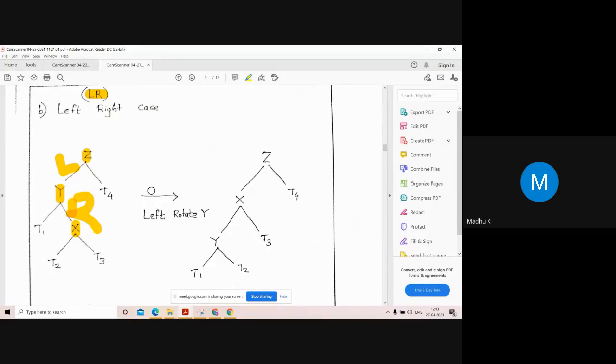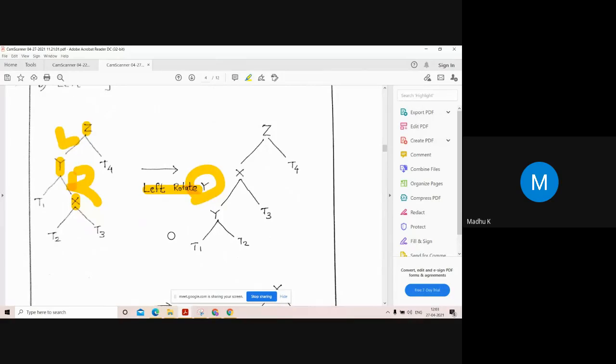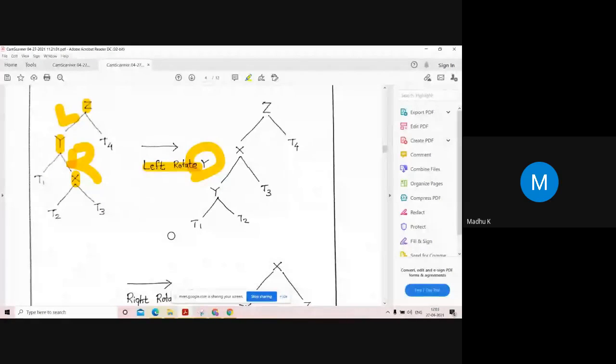In this situation, we first perform a left rotation based on the node Y. Then we will get a tree like this: Z, X, Y.